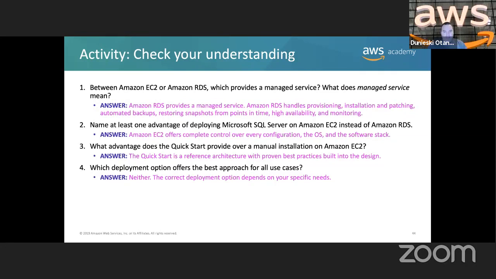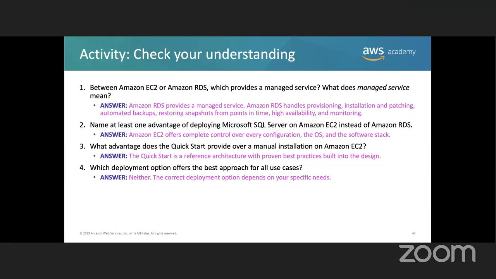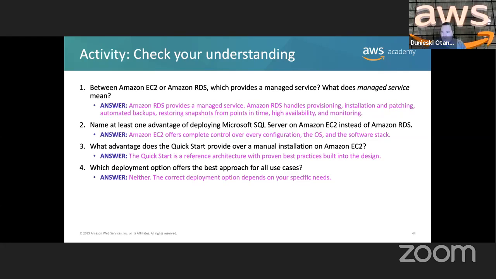It depends on your needs. So there's no correct or incorrect answer. If your company doesn't care about control, then going for software as a service or platform as a service is good. But if your company cares about control, then infrastructure as a service is the way to go. So it depends on your needs.